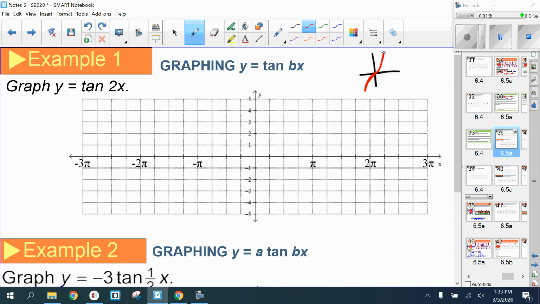Okay, so you want to look for the amplitude number, or the A number is 1. Call it the stretch if you want. And then the period is going to be calculated as pi over b. But that's this 2 right there, pi over 2. So the period of this graph is going to be pi over 2.